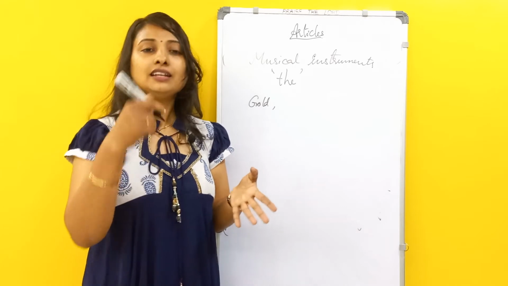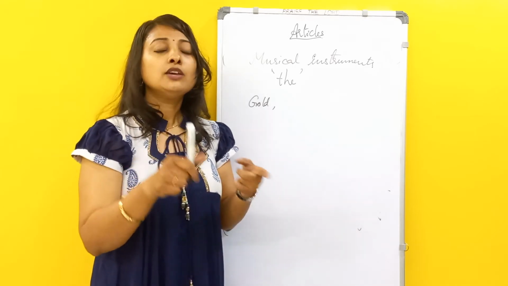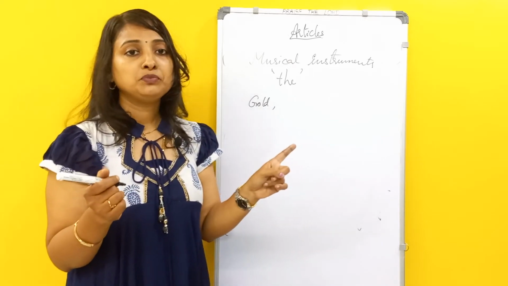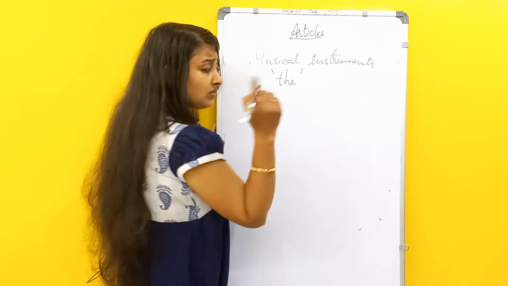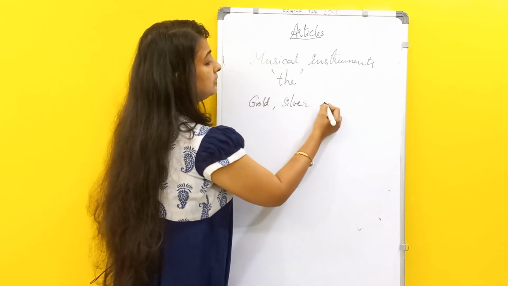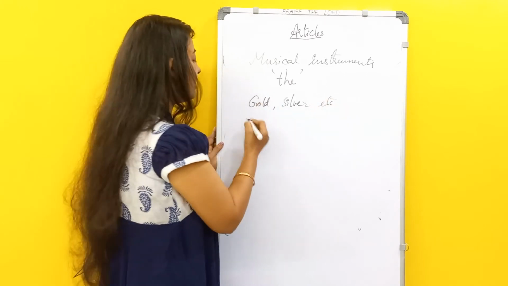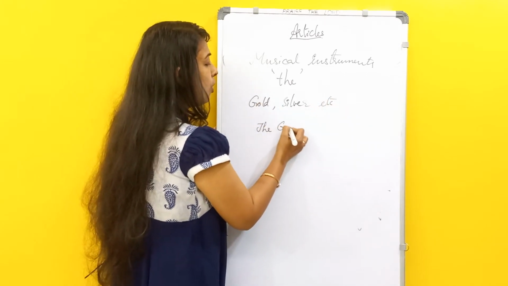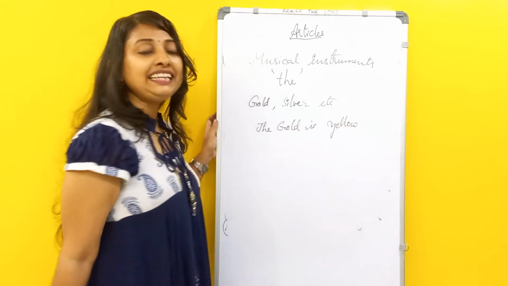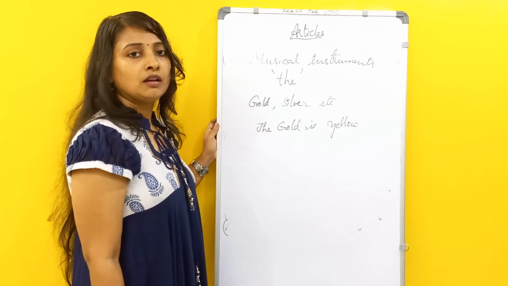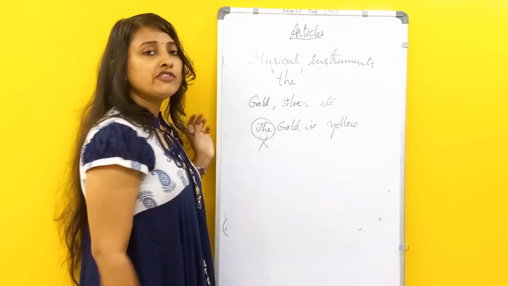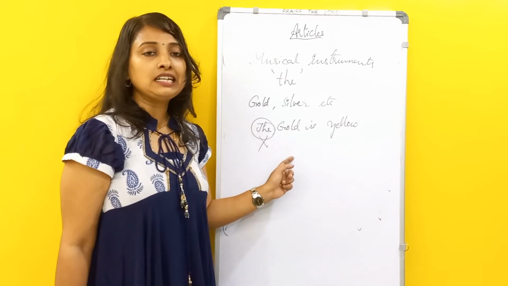This is made out of plastic. When you are talking about materialistic nouns, you should not use any article. No definite article is used in front of materialistic nouns. Like we can't say the gold is yellow or the silver is white.